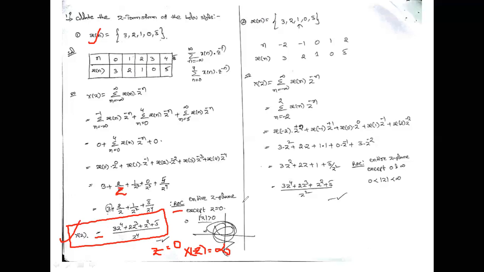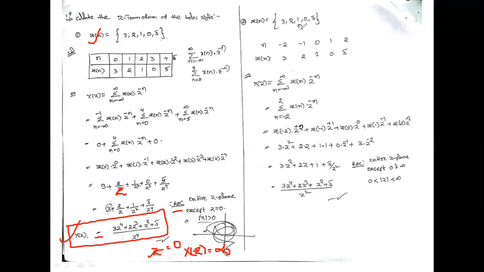Got it, my dear students? And we take this from 0 to infinity only. So always it is a unit circle, but here only z is equal to 0 does not exist, and all remaining values exist. Got it? The second one, another sequence is there.